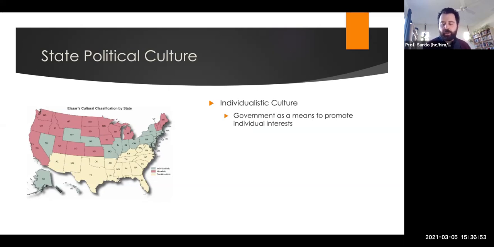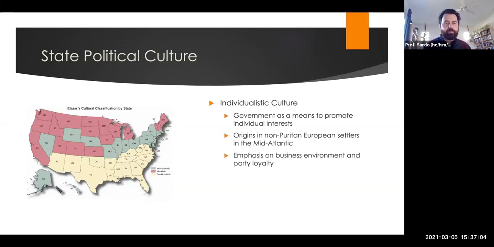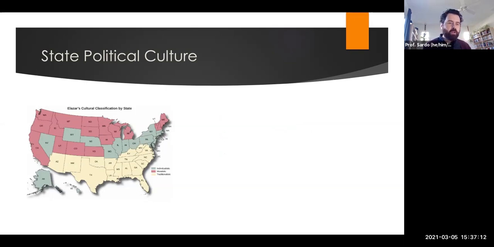These have origins in non-Puritan European settlers in the Mid-Atlantic, and then moving westward, there's an emphasis on lower taxes and business environment and party loyalty. These are the states that tend to have more political machines.